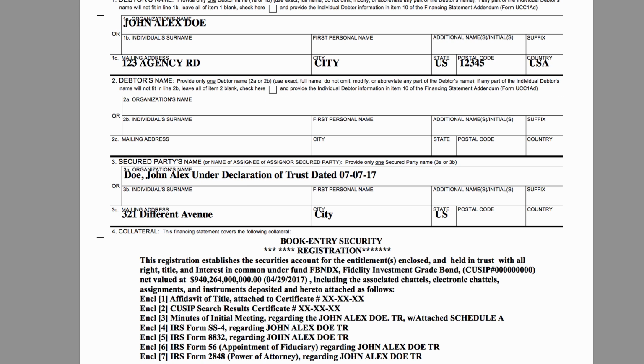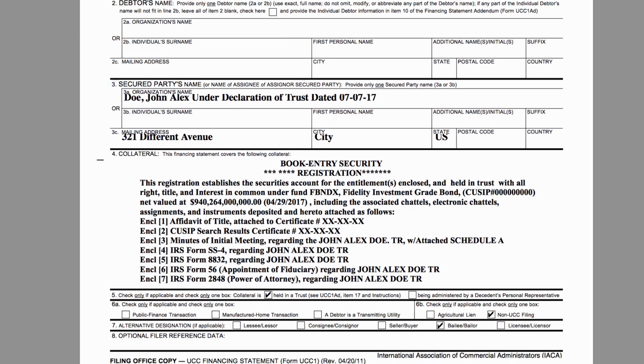So this is the first transaction, and this UCC doesn't require any authenticated agreement with the debtor as would be required under Article 9. This is a security entitlement under Article 8.